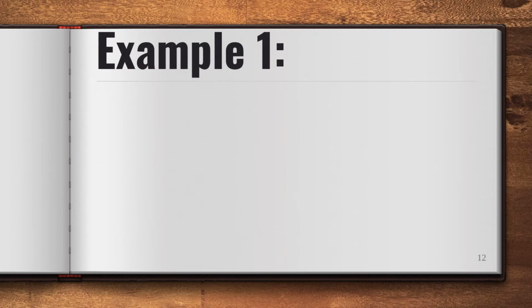Let us illustrate the different rules with the following examples. For example 1, we have 1/5 plus 2/5. As we can see, we have here similar fractions because the denominators are the same.